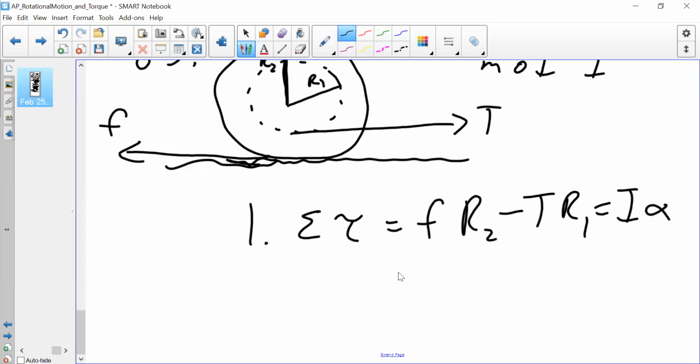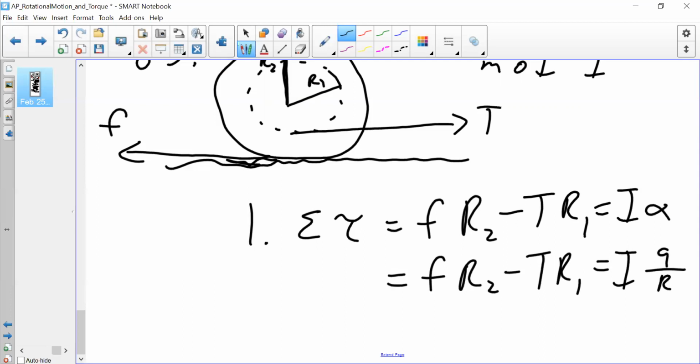If we expand this out, we get F R2 minus T R1 equals I a over R2, because the force of tension T is going to rotate the inner spool clockwise.